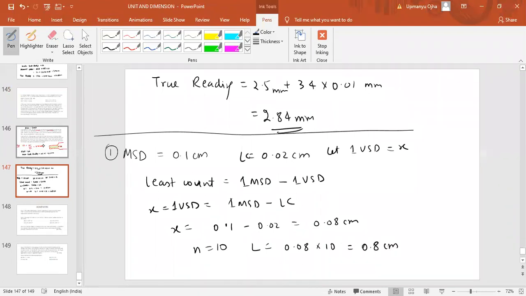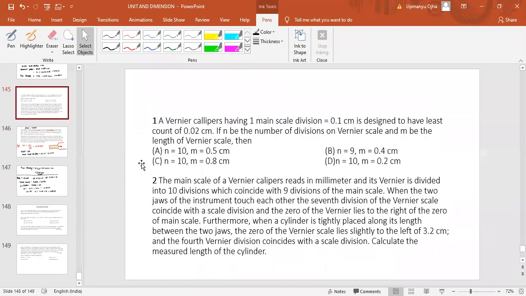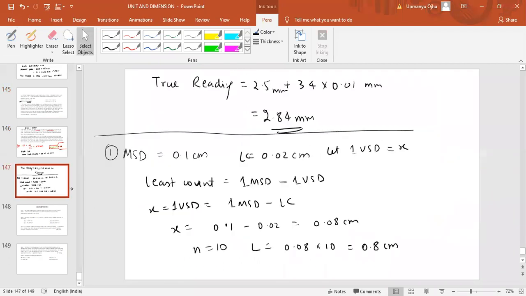So option number C would be correct, because if the number of divisions is 10, then the length of the vernier scale is 0.8 centimeter. So this is the correct answer. I hope you understood.